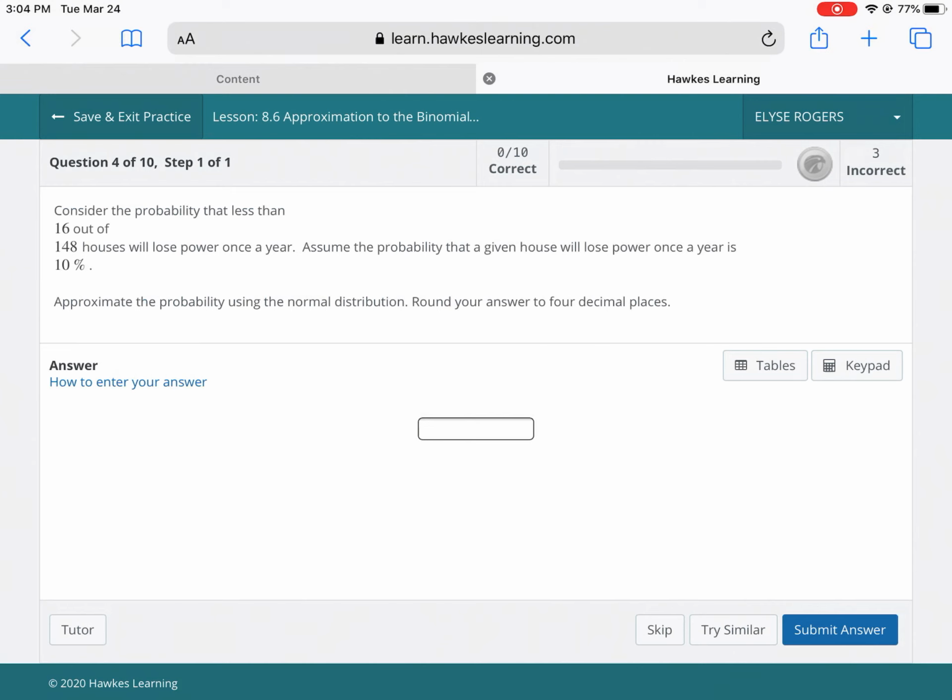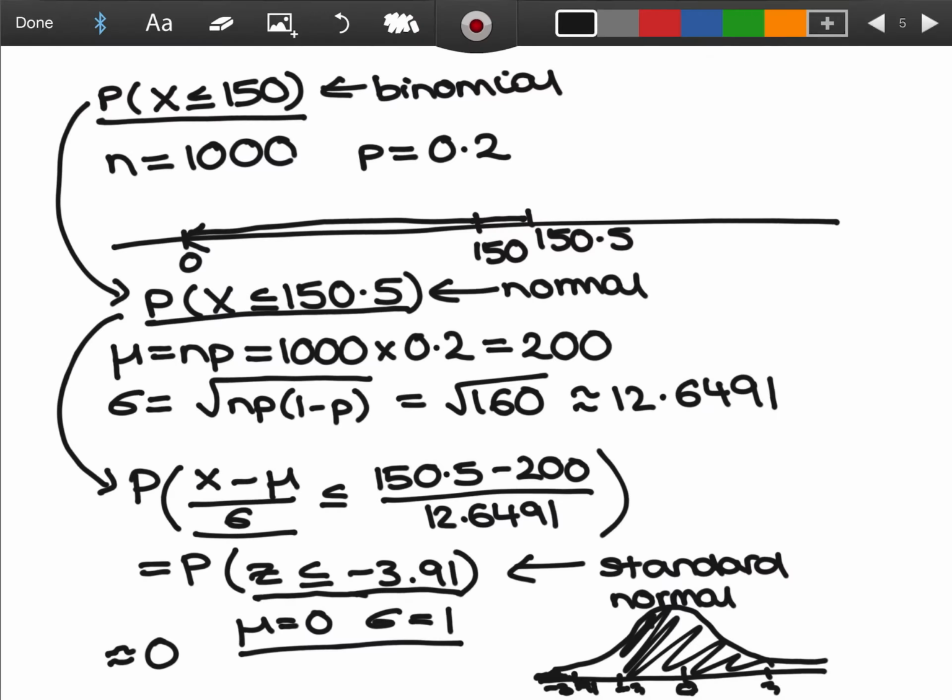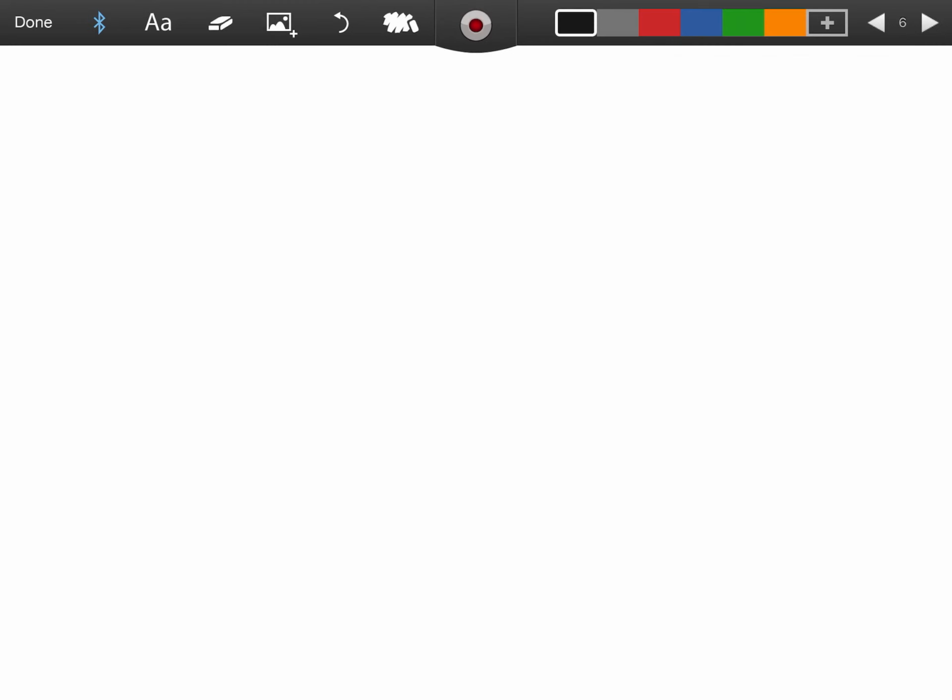We want the probability that x is less than 16, so less than 16 of the houses will lose power. Let's come in here: we want the probability that x is less than 16, n, the number of houses, is 148, and p, the probability of losing power, is 10%, which is 0.1.